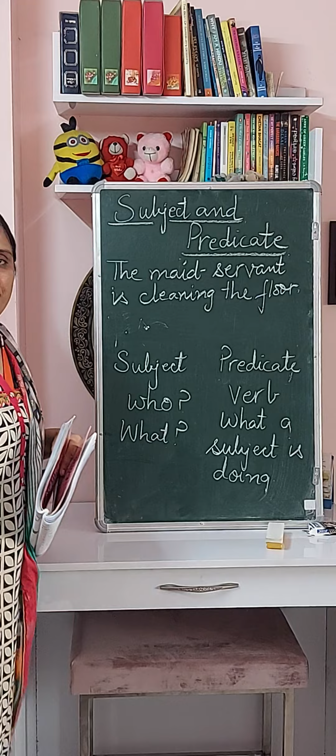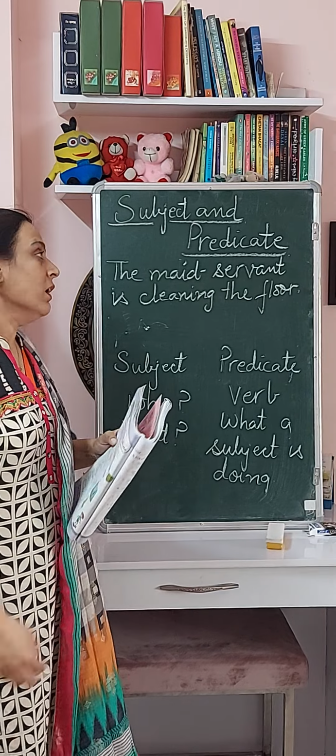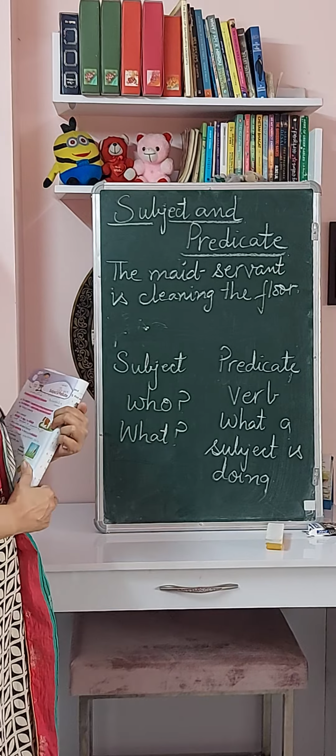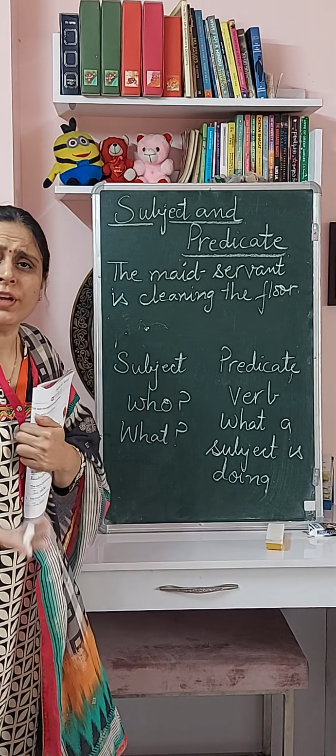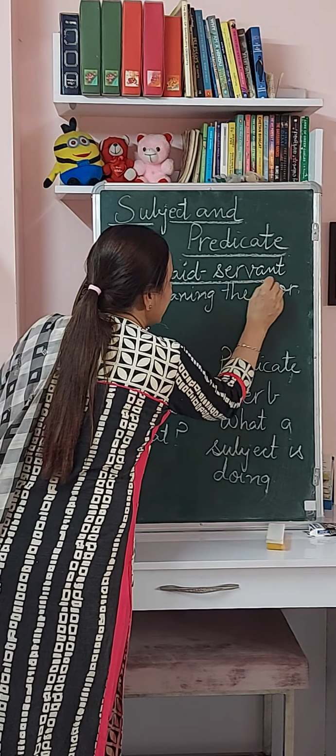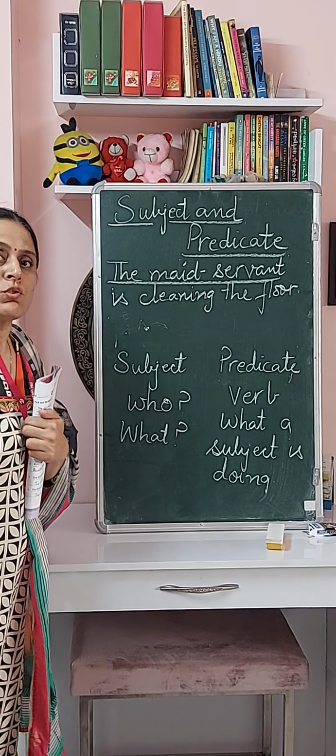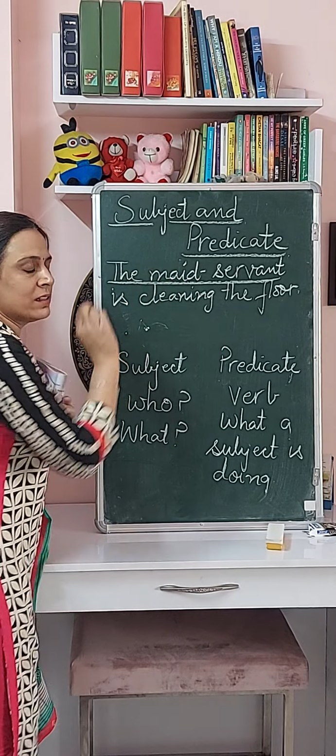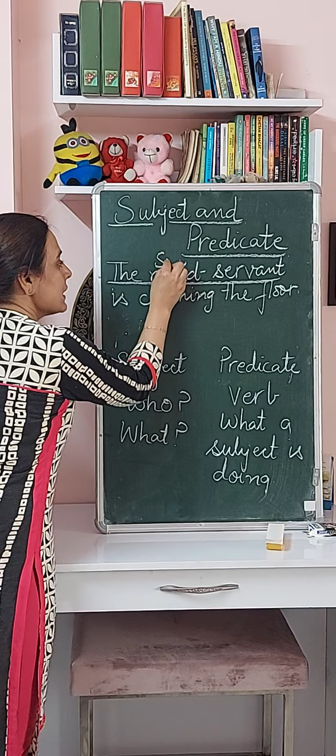The maid servant is cleaning the floor. Now here, what are we talking about? Whom are we talking about? Here we are talking about the maid servant. So that means the maid servant will be the subject.